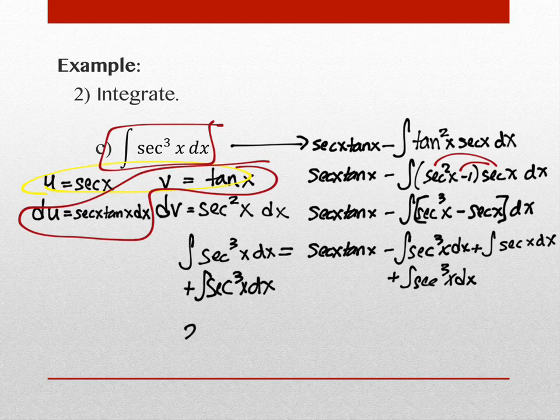And I end up getting 2 times the integral of secant cubed of x dx, and it equals secant x tangent x.